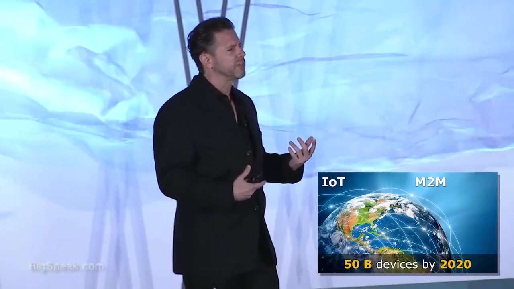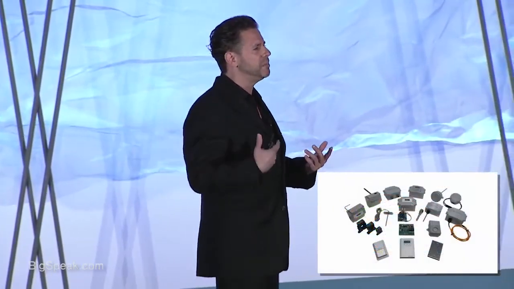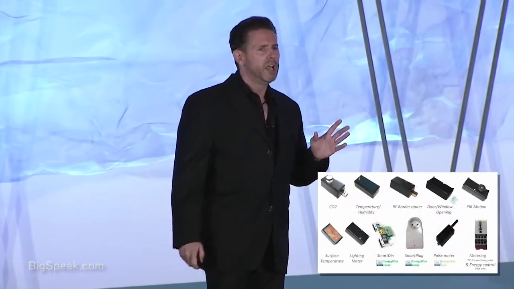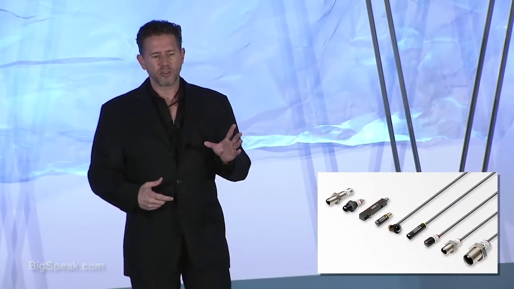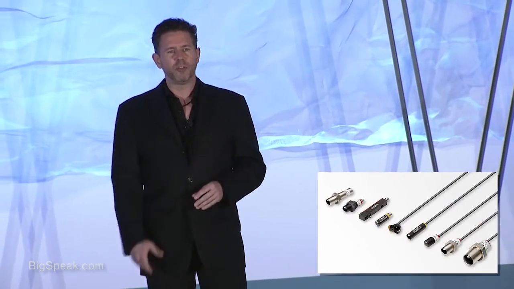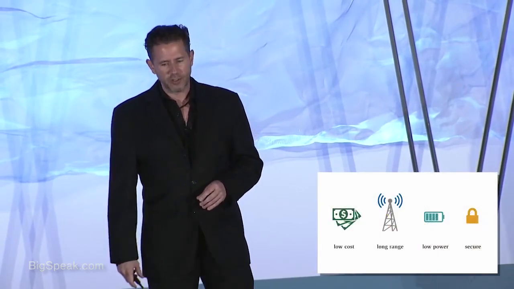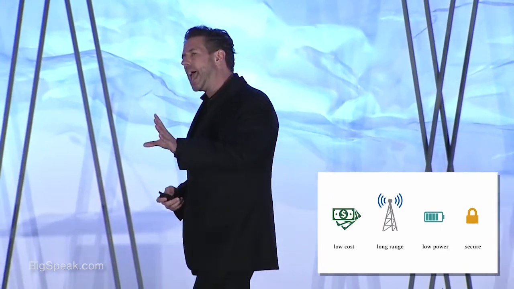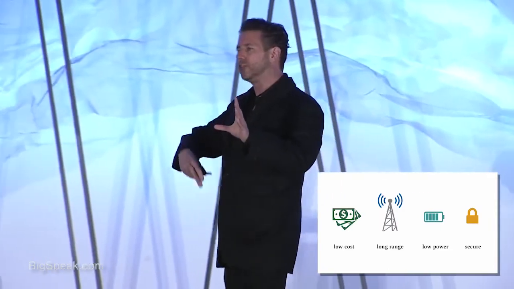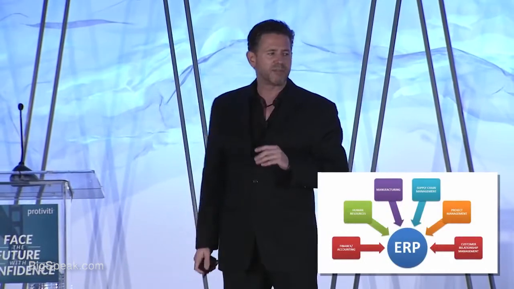There are tons of different sensors being produced by a million different companies for different situations and environments. The focus of research today is on long range, Wi-Fi, getting power through Wi-Fi, low power, security, low cost and so on. And the data is being aggregated and coming to businesses of all levels through their ERP platforms.